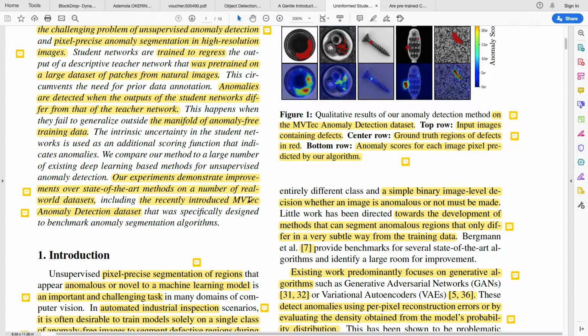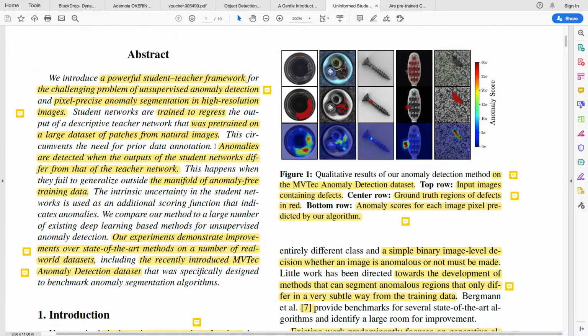So that's the overview. Now, what they are proposing is a student-teacher framework to address this problem and to do the pixel precise anomaly segmentation. The student networks are trained to regress the output of a descriptive teacher network that was pre-trained on a large data set of patches from natural images.